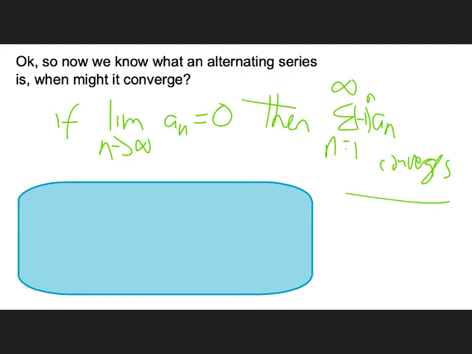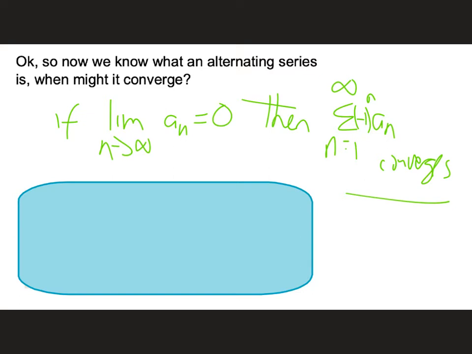That's essentially what the alternating series test says. If the limit of the sequence is 0, then the series will converge because we are alternating. If we're not alternating, then we will not necessarily converge. That's essentially what the alternating series test says.